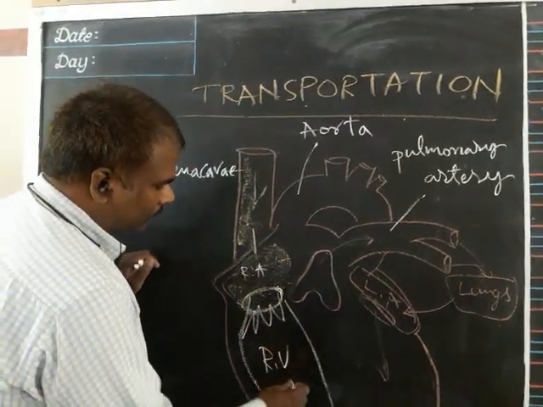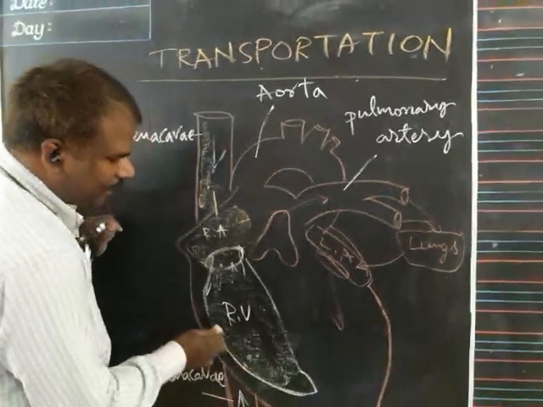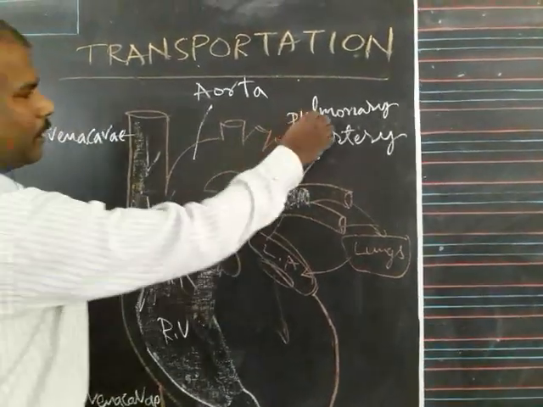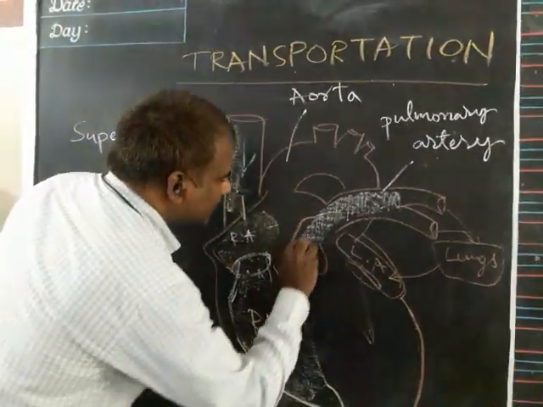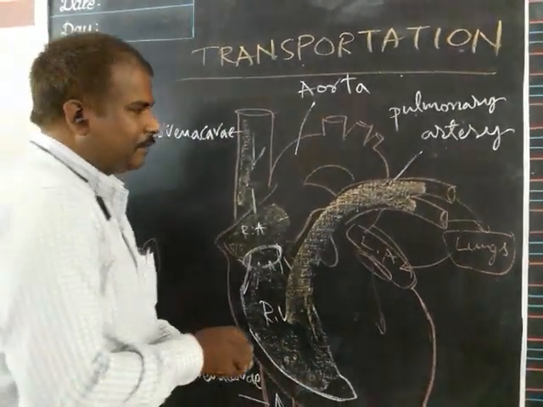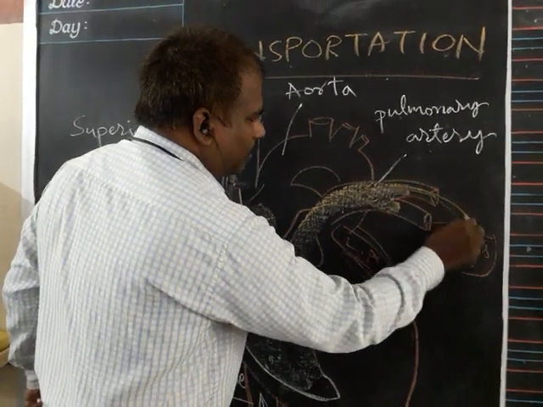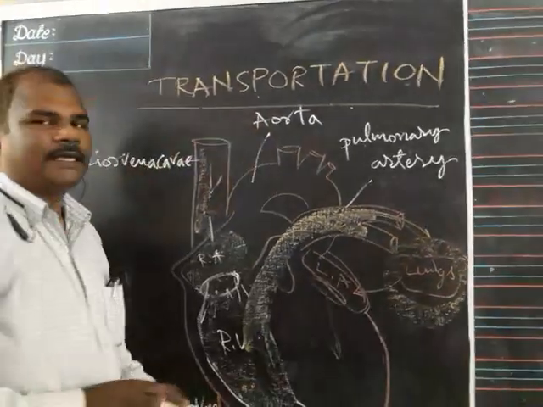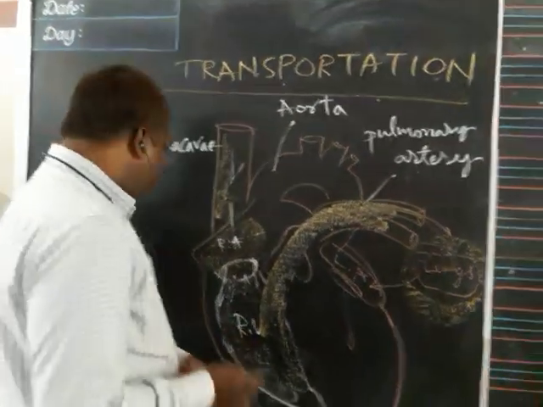Then the blood touches the walls of the ventricle, and it is sent to the lungs through the pulmonary artery. The pulmonary artery pumps the blood to the lungs. In the lungs, purification takes place.